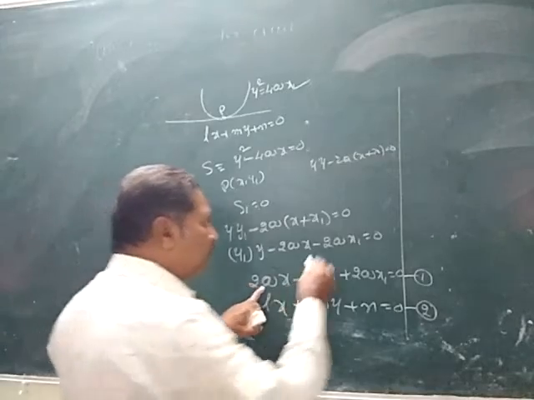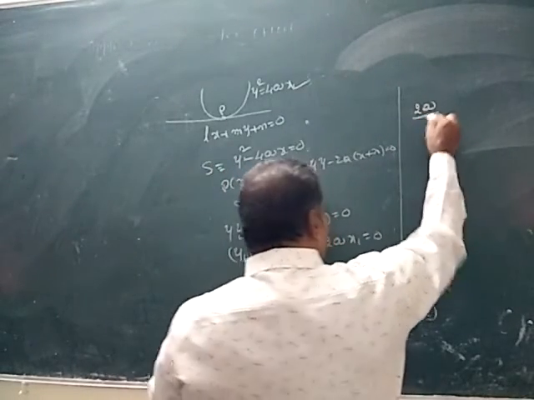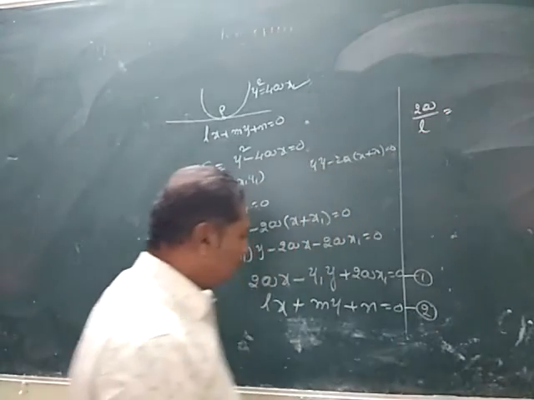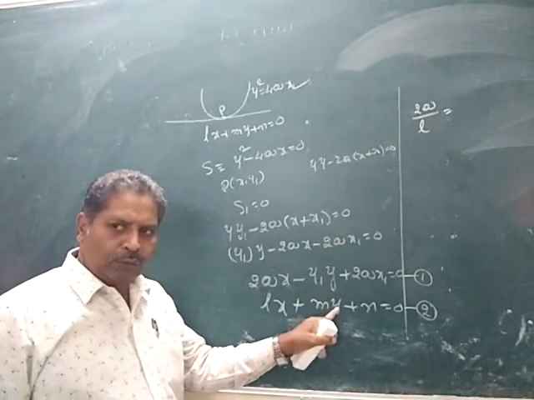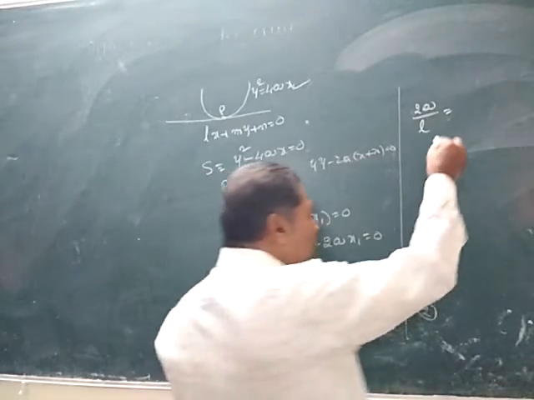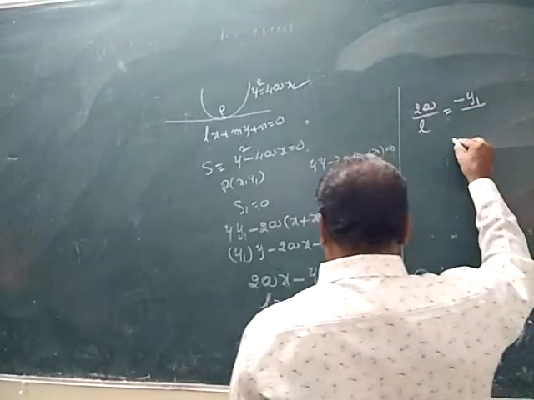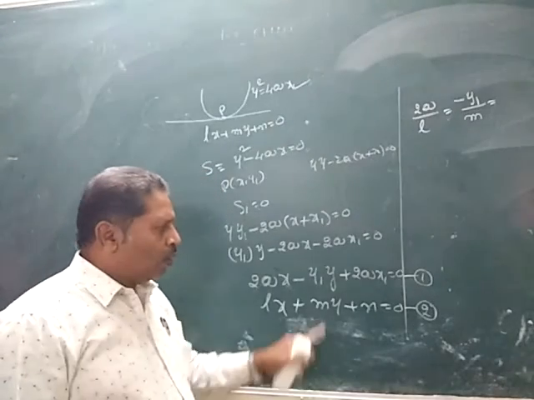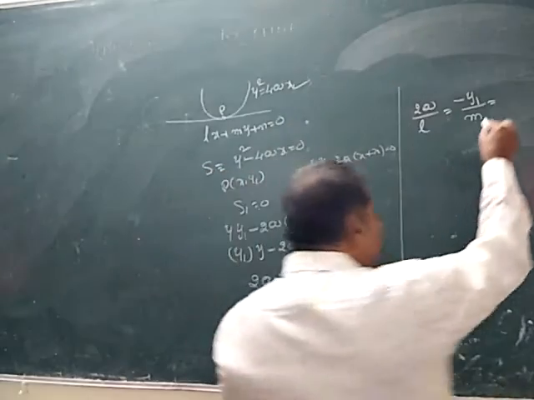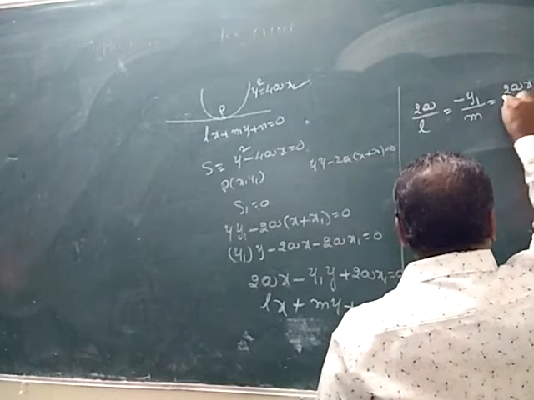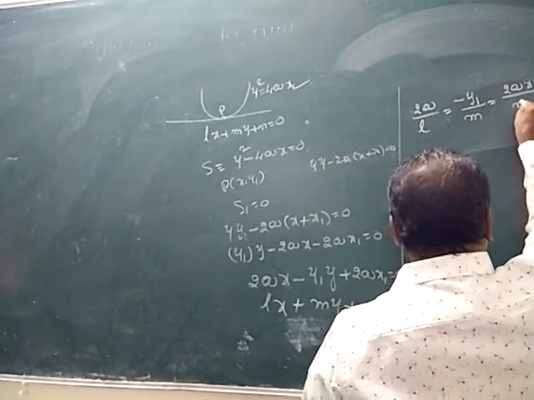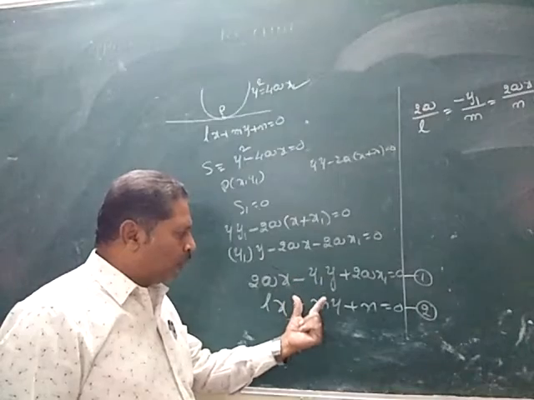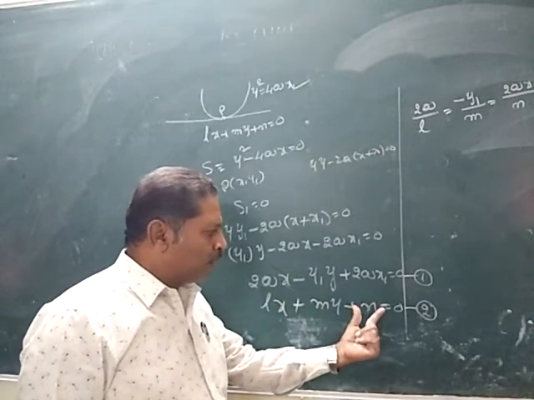So 2a by L, the x coefficients, equal to the y coefficients, minus y1 by M, equal to constant by constant, 2a x1 by N. x coefficient by x coefficient equal to y coefficient by y coefficient equal to constant by constant.